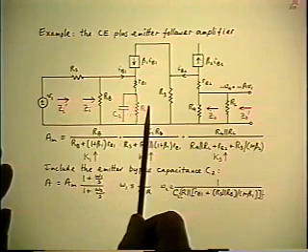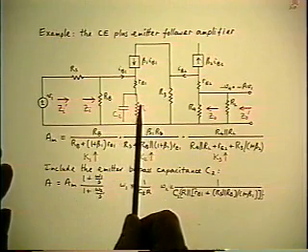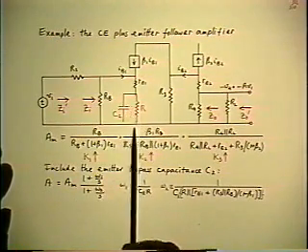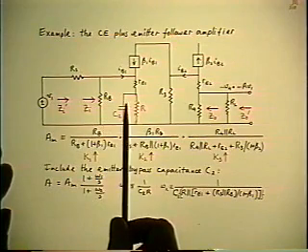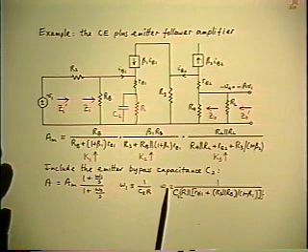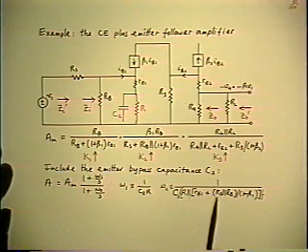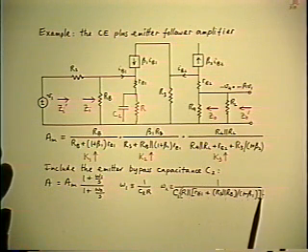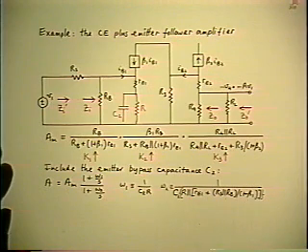So that's the RD. We already know the RD is going to determine the pole frequency, omega 2. So the pole is C2 together with the RD that we've just calculated. So that's half of it.